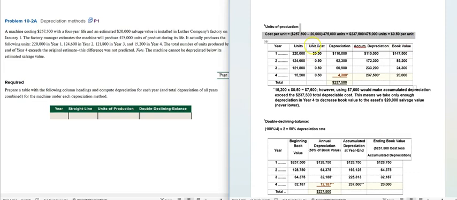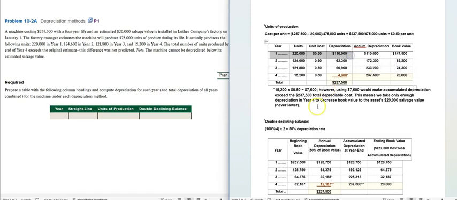I now have a depreciation rate per unit. To determine depreciation expense in year one, I am going to multiply the actual units produced, which were 220,000, times my depreciation rate per unit. That gives me the amount of my depreciation expense for year one.